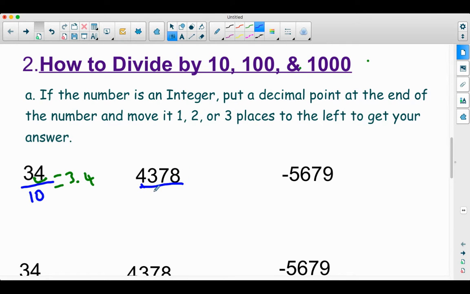Next, 4,378 divided by 10. We are going to move the decimal point 1 to the left, and that will give us 437.8.